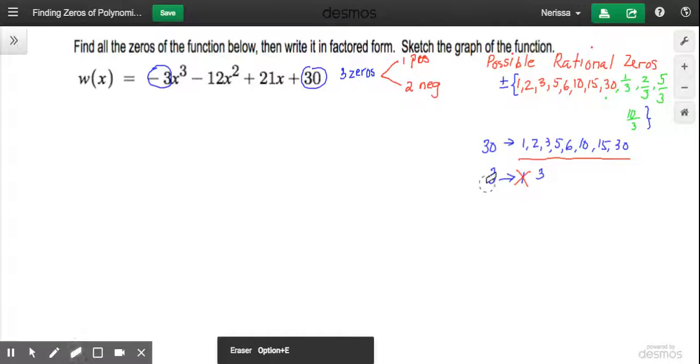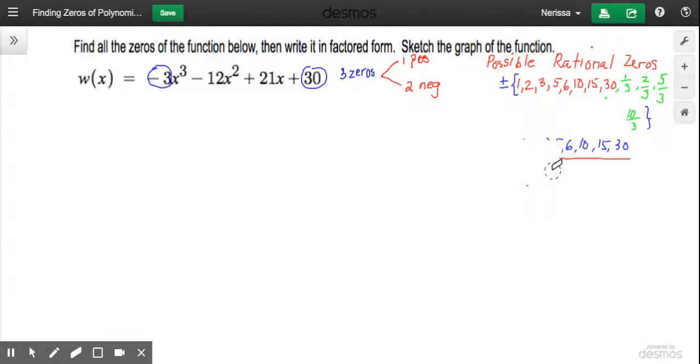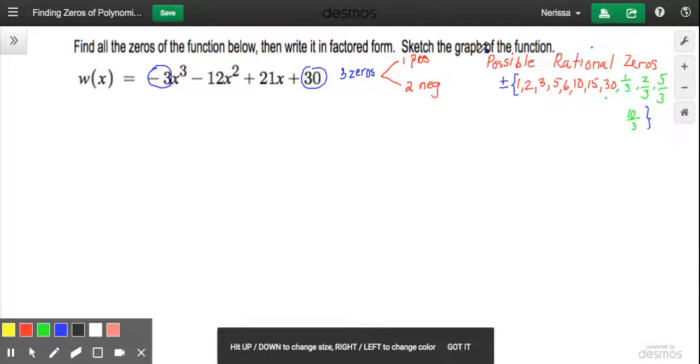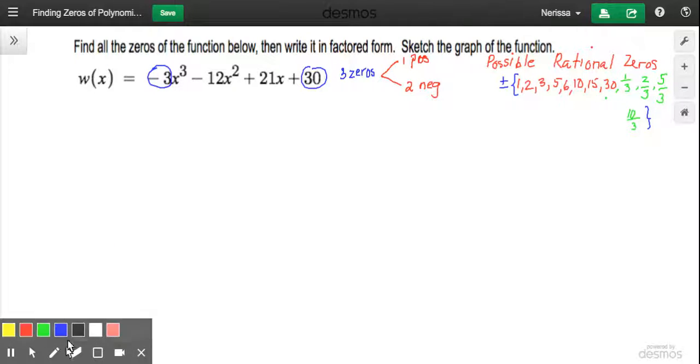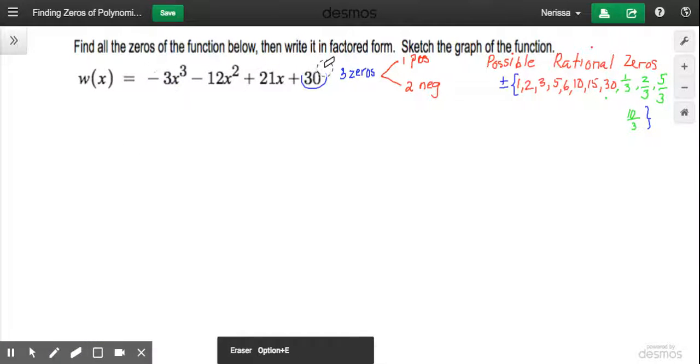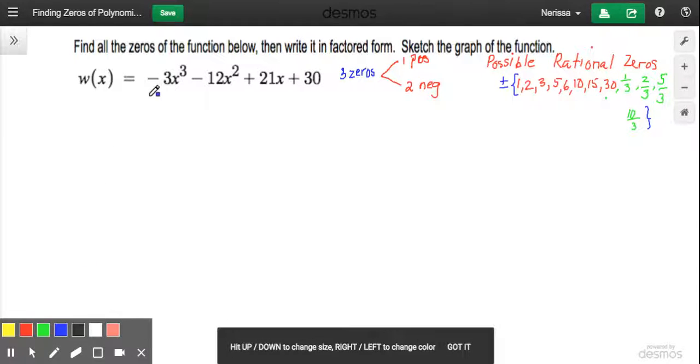Okay, so now let's erase this. So now that we know how many zeros we're looking for, we know how many should be positive and how many should be negative, and we have a list of where to find those zeros, then we start the search for the zeros. So to search for the zeros, we are going to need the coefficients of w of x.